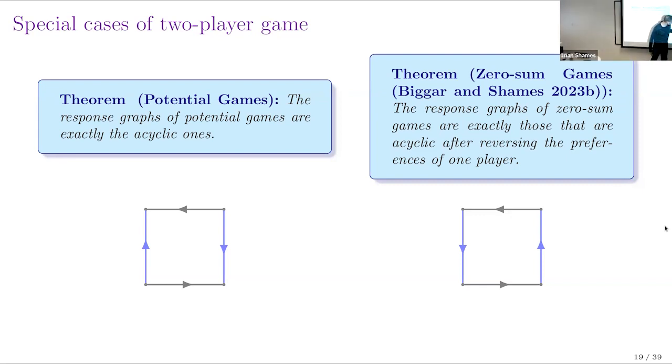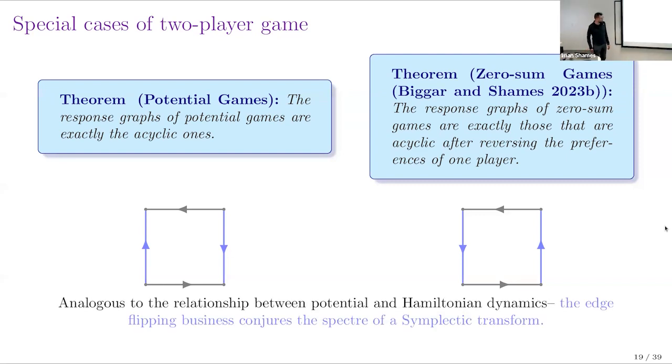This is now cyclic. If I flip these two orders, I end up with an acyclic direction. So what I talked about here is analogous to the relationship between potential and Hamiltonian dynamics. This flip of the ordering brings to mind some symplectic transformation of the signs.